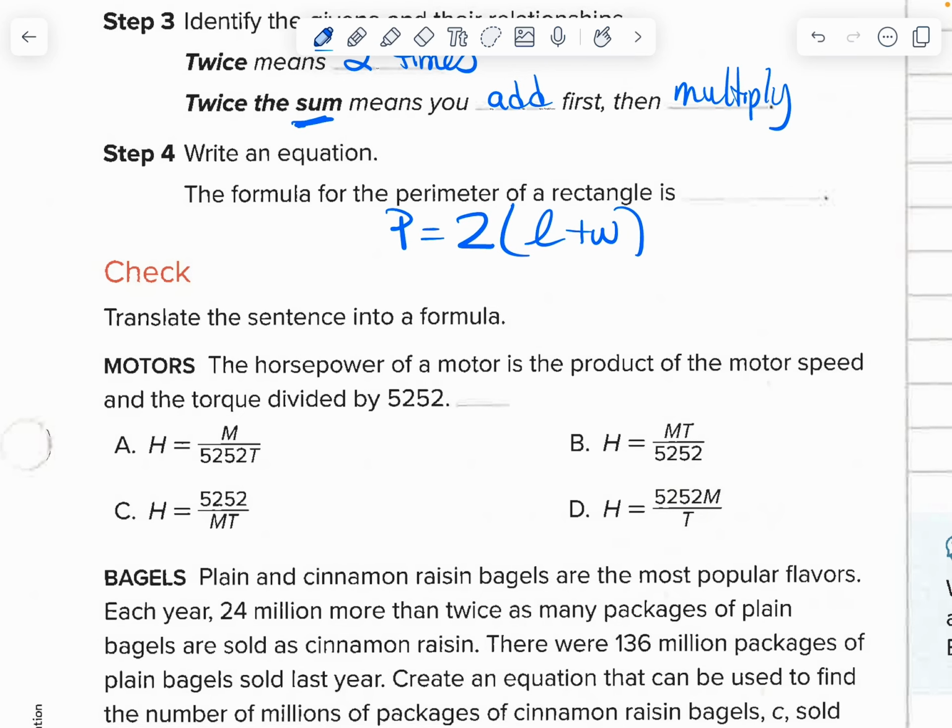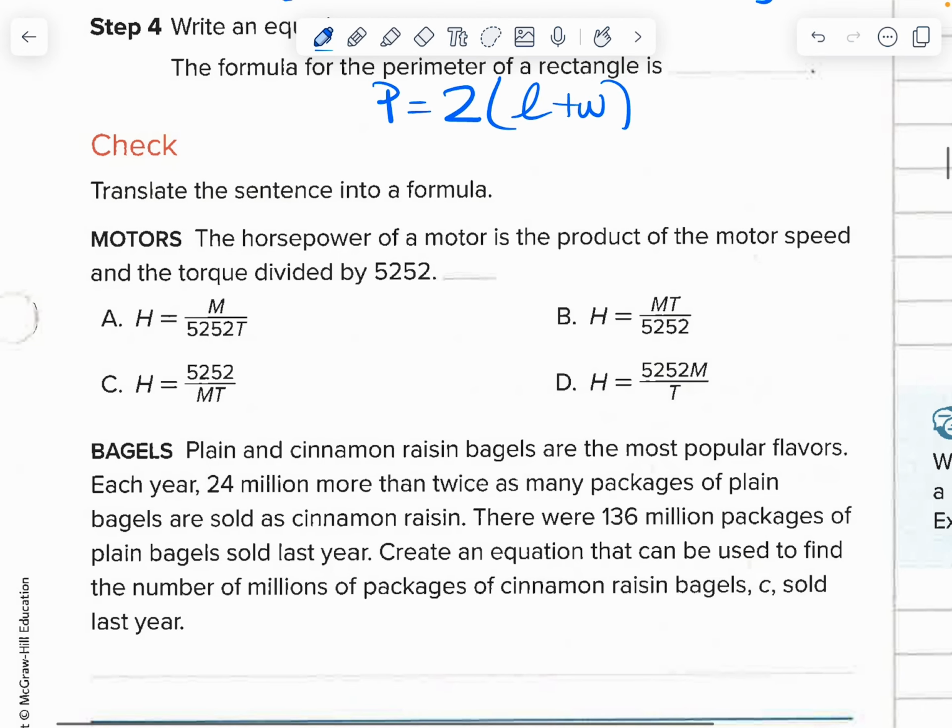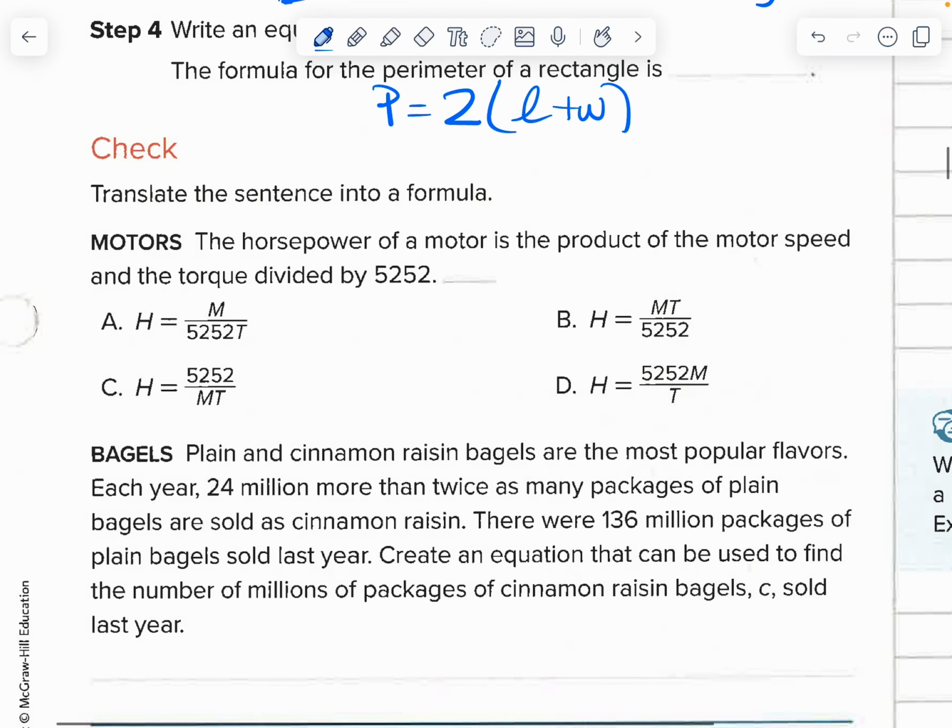Okay. The horsepower of a motor is the product of the motor speed and the torque divided by 5,252. Okay, so this is horsepower.